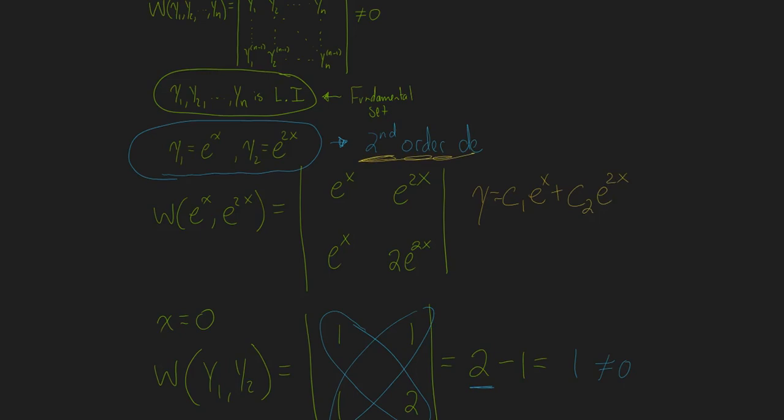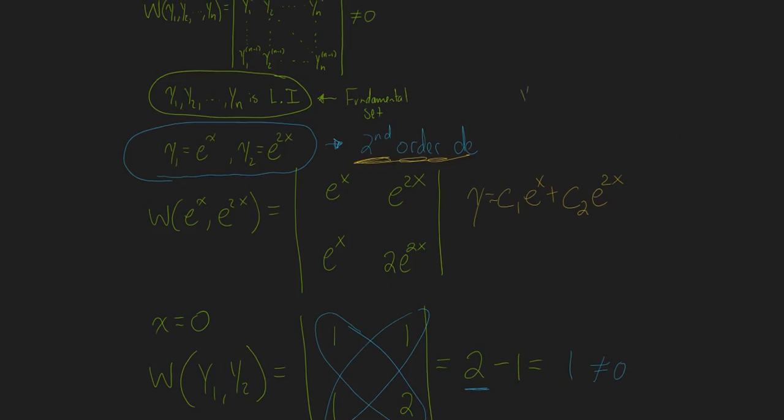In the case if it was like a third or fourth order, we would have to find more solutions and then evaluate the Wronskian of more solutions to be able to show that they all are indeed linearly independent. And if they were, then we would continue on and on.